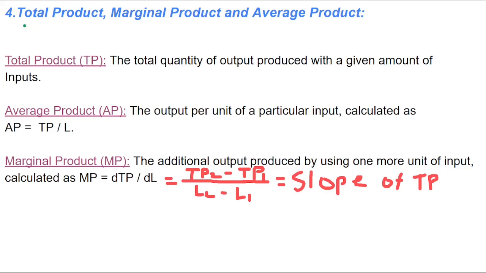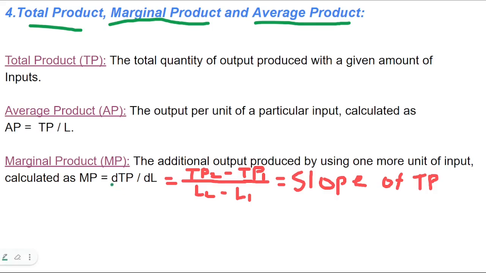Now we'll talk about section number 4, which is about total product, marginal product, and average product. So at first we should learn about the definition of TP, AP, and MP. So what is TP? TP is the total output for a certain amount of input, and average product is the total output per unit, and MP or marginal product is the additional output produced if we add one more unit of input.